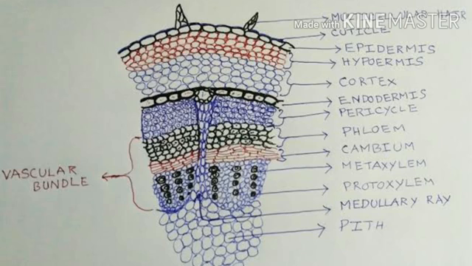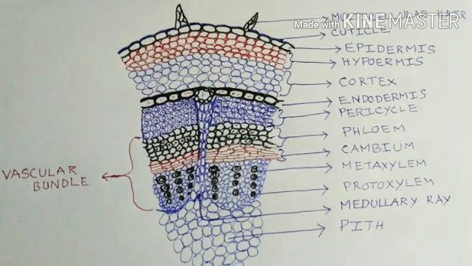Then if we consider the endarch condition, you observe here protoxylem is towards the pith and metaxylem is on the opposite side. Since protoxylem is towards the inner side, towards the pith, this condition is known as endarch condition.